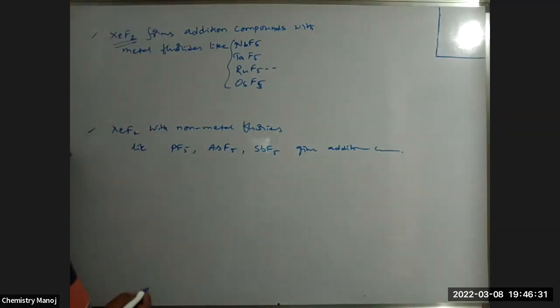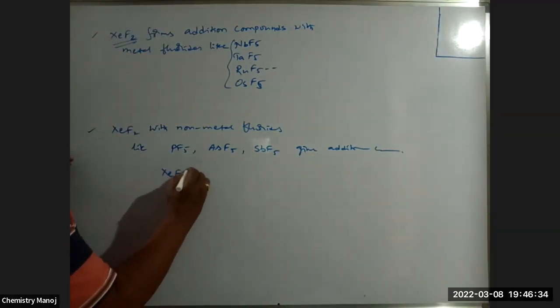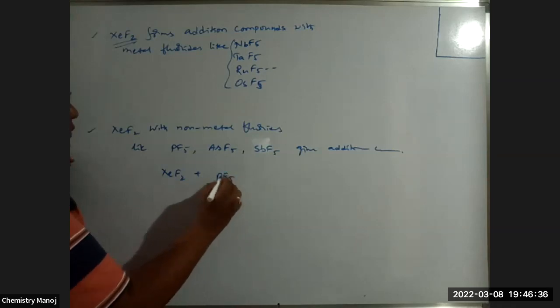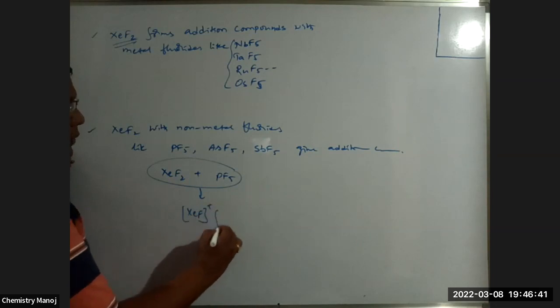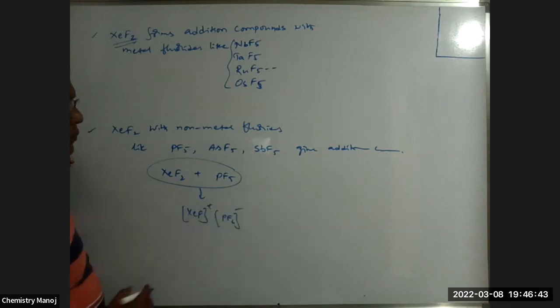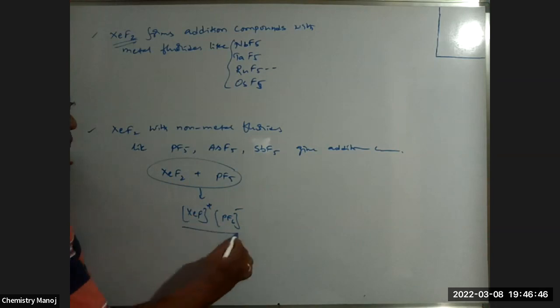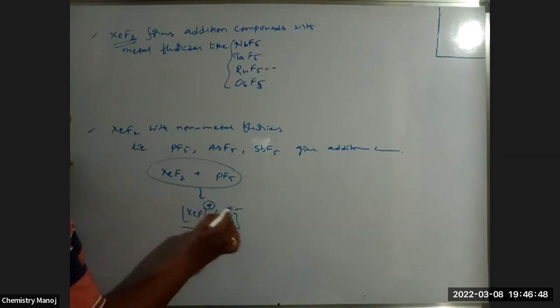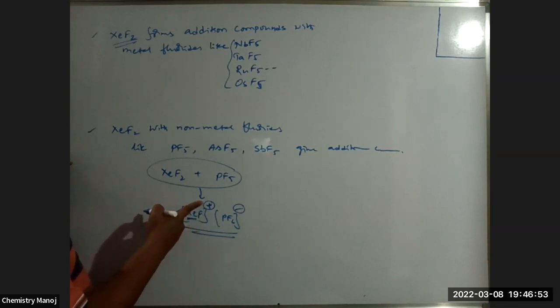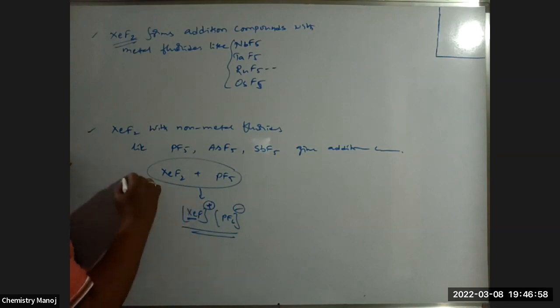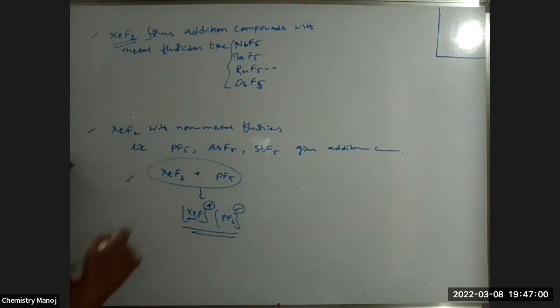See here, if XeF2 is added with PF5, this combination gives XeF plus ion, PF6 minus ion. That means an ionic compound is formed here. It is a cation and it is an anion, so our xenon is available in the cation. This type of addition compounds are formed with non-metal fluorides, but with metal fluorides it is the normal case.